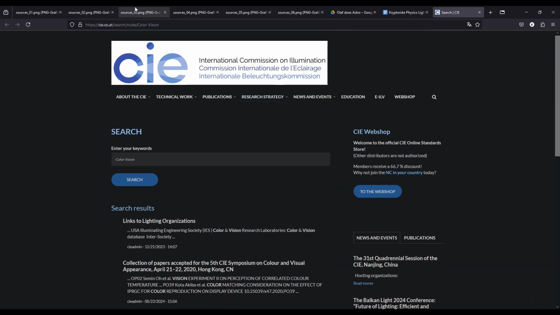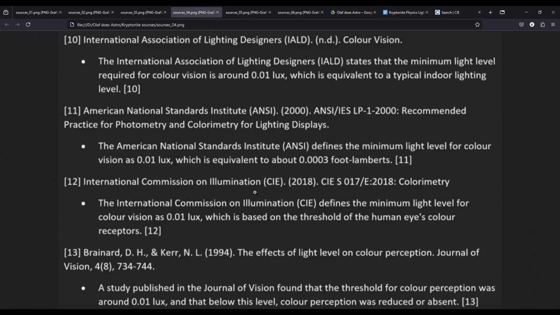None of which talk about lux. None of which talk about anything related to seeing color at minimum light. They all talk about needing at least, I think it was 20 or 25 lux in low light environments for someone to be reliably able to see a step so they don't trip over it. So things like that. And again, color with a U. Now, given that this is an international association, I could let that slide.